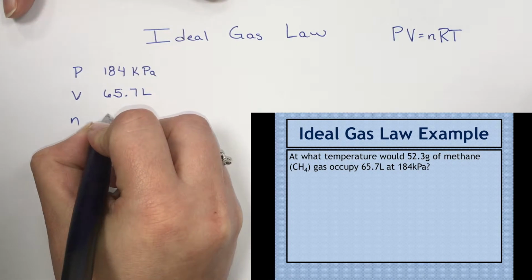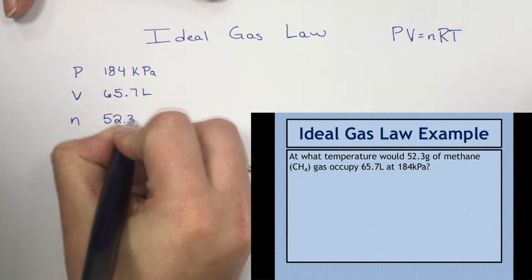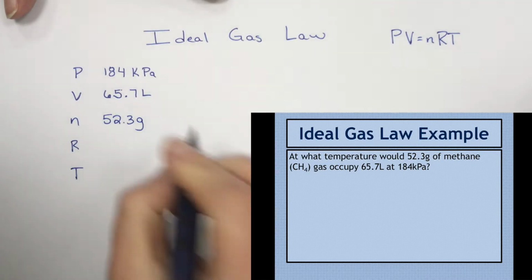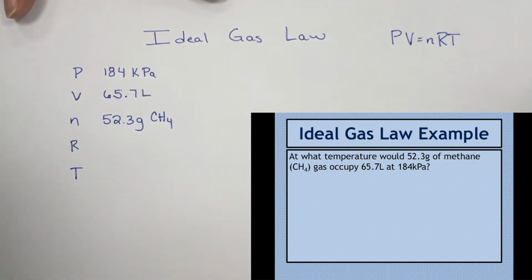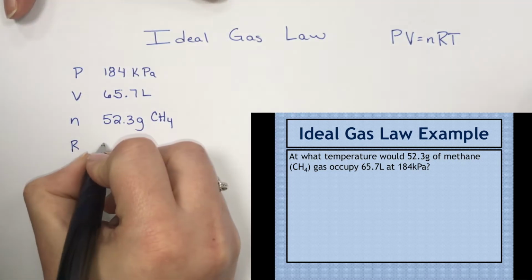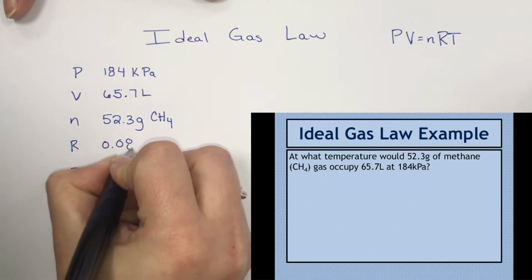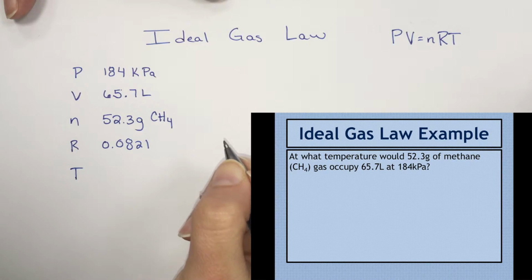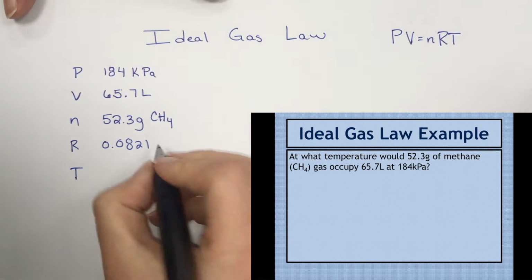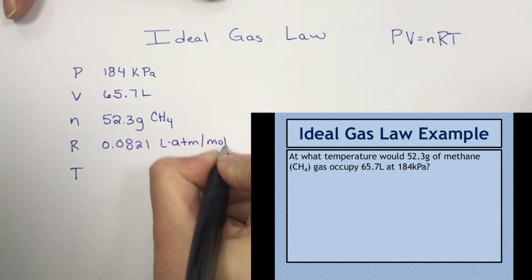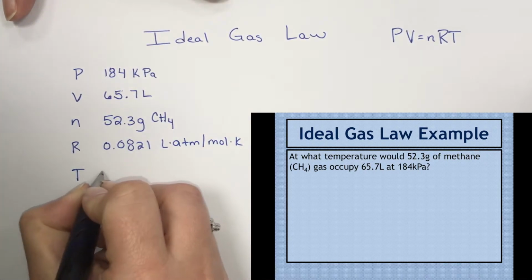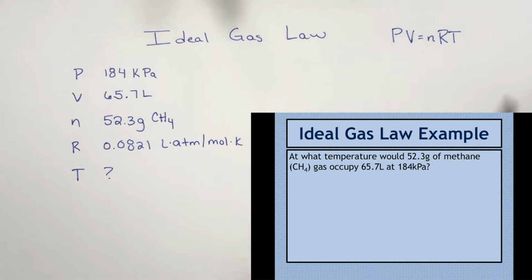We can convert grams to moles, right? 52.3 grams, okay. Let's go ahead and put methane. Okay, and then R is the same, it doesn't change, 0.0821 liter atmospheres over moles Kelvin. Temperature, we don't know. That's what we're going to have to isolate.